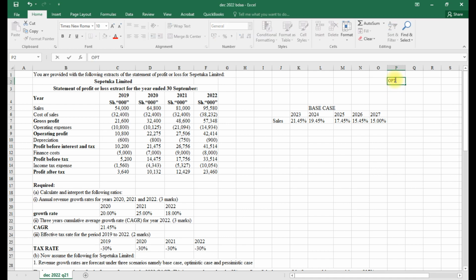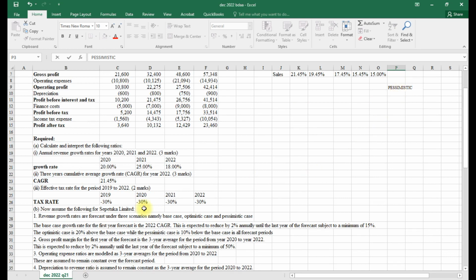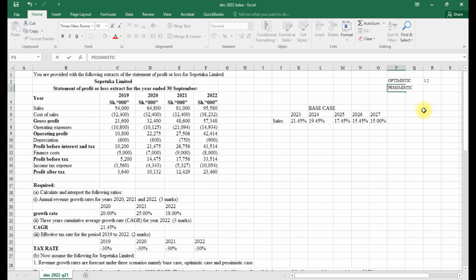For the optimistic it will be 1.2, 20%, 1.2. And for the pessimistic, the pessimistic case is 10% below the base case in all forecast periods. So this will be 0.9, 90% for that one.